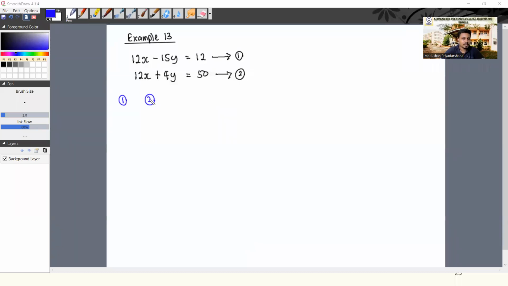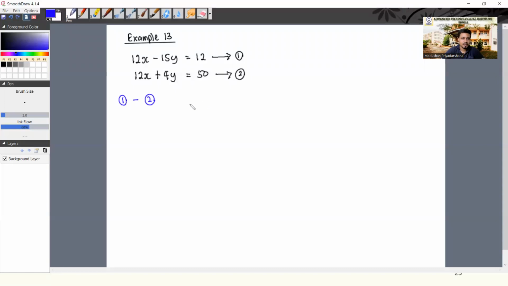Equation 1 minus equation 2, or equation 1 plus equation 2? Minus. Why minus? See here the signs are similar. Here we have plus 12. Here also we have plus 12.